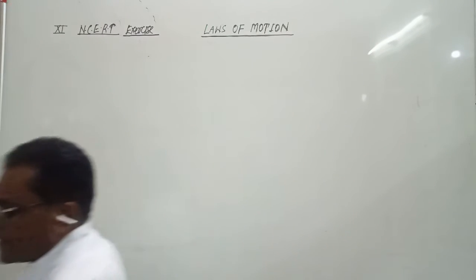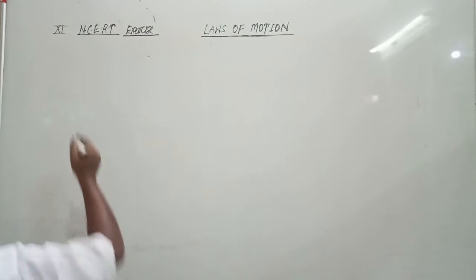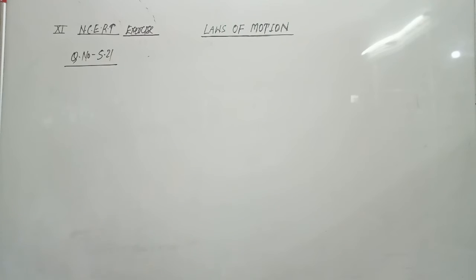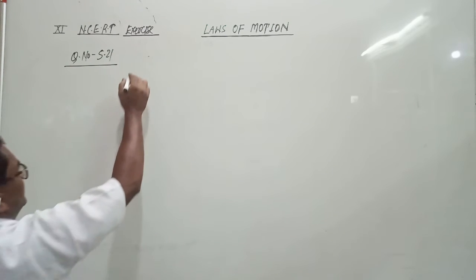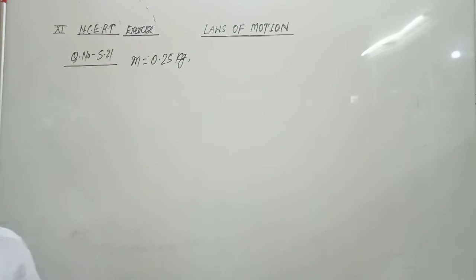Now question number 5.21. A stone of mass 0.25 kg is tied to the end of a string, which is whirled around in a circle of radius 1.5 meter.